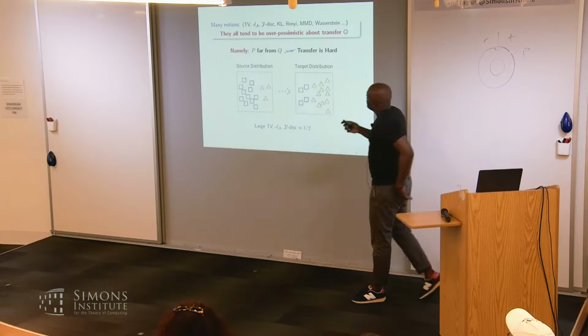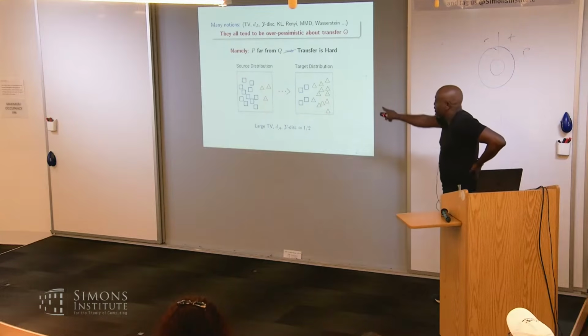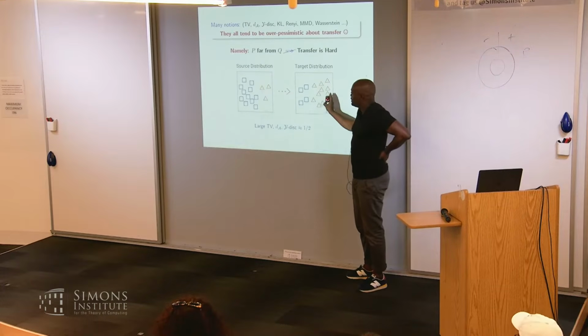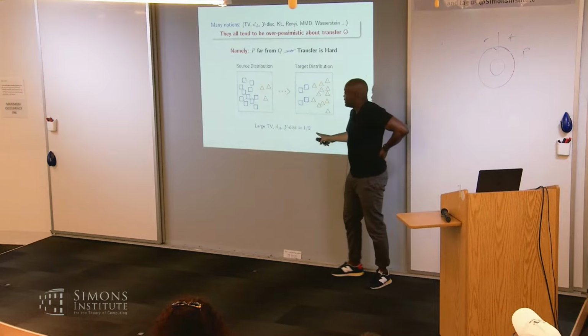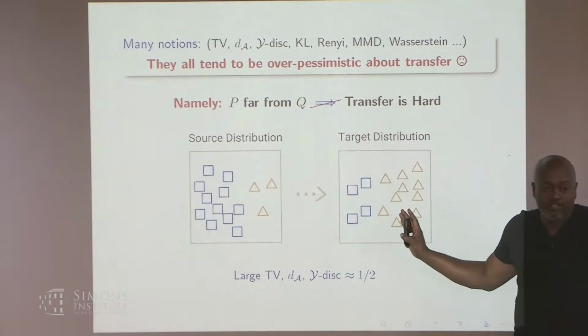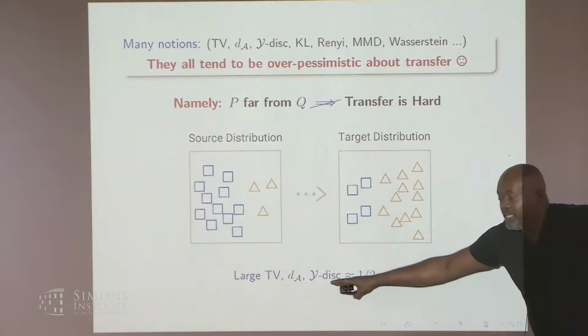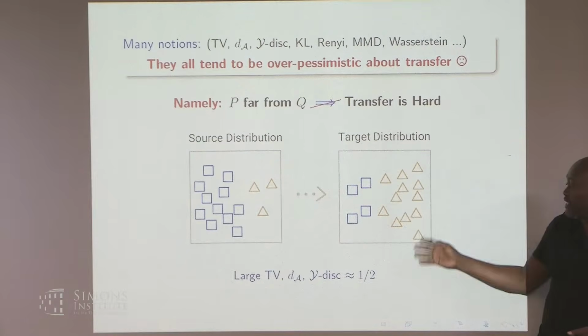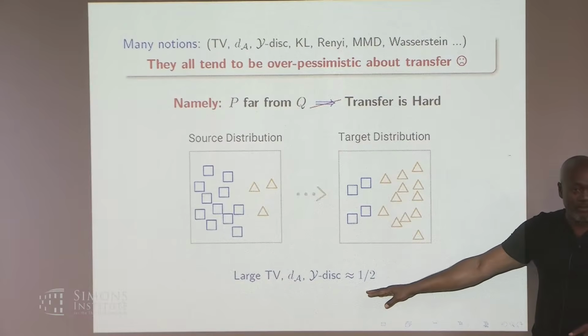All right. So let's look at this quick example. Suppose we have this source and this target. We can imagine already it's clear that on the total variation, I can make these two distributions far from each other. On the DAY discrepancy, these extensions of total variation for linear classifiers, I can also make them far from each other.